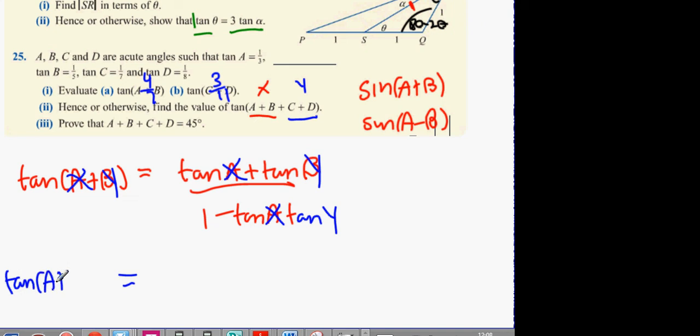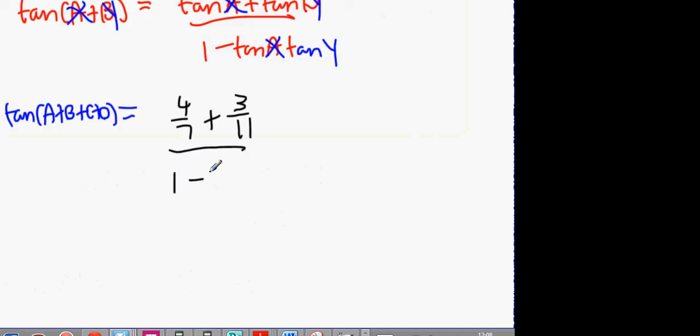So what we're doing is this. Tan A plus B plus C plus D. X is what, guys? A plus B. Y is C plus D. And they're our answers of the first two parts. It's going to be 4 over 7 plus 3 over 11 over 1 minus, what is it? 4 over 7 by 3 over 11.